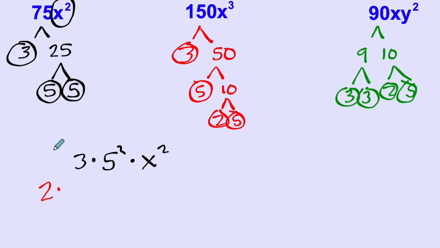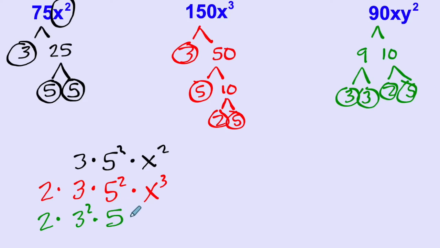This is like my 2 column right here. 2 times 3 times 5 squared times x to the 3rd. And finally, let's take a look at the green one. We have another 2. We have 3 squared. We have a 5. We have an x. And we also have a y squared.